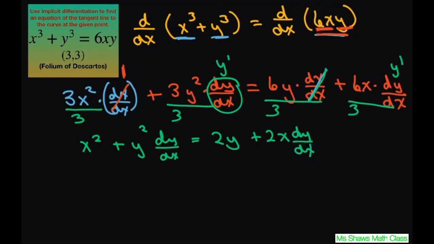All right, and usually when you do implicit differentiation, you solve for your dy dx. But in this case, since we have a point, it helps with the algebra if you go ahead and plug in this point first.